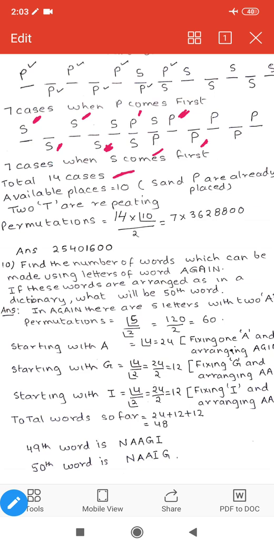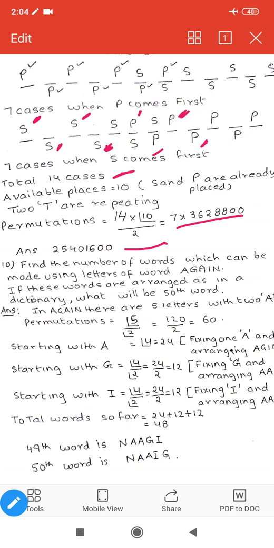Factorial 2 and 2 is the same thing. So we can write it as factorial 2 is 2, and 2 and 14 get cancelled out, it becomes 7, and now we multiply and we get the answer as 25401600.